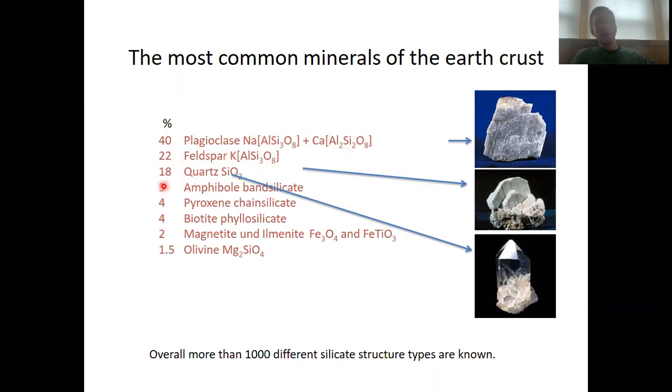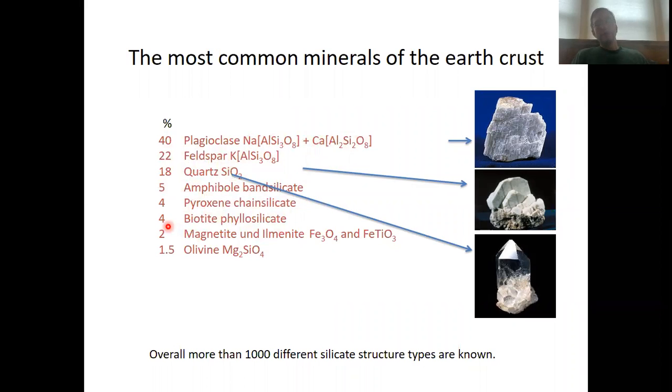Then we have quartz, which is the parent compound of all silicates, which has the composition SiO2. And then next the so-called amphiboles, which are a band silicate, pyroxene, which is a chain silicate, and biotite, which is a phyllosilicate, and we will talk about these terms shortly in more detail.